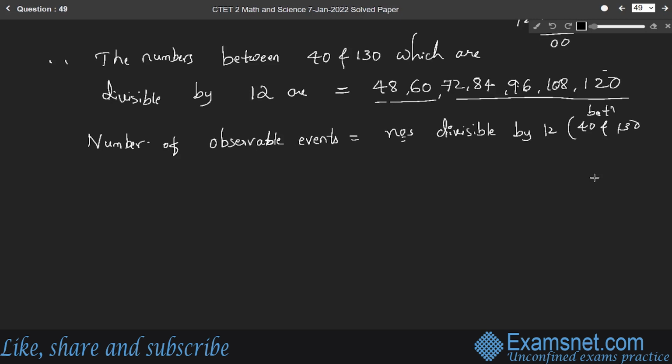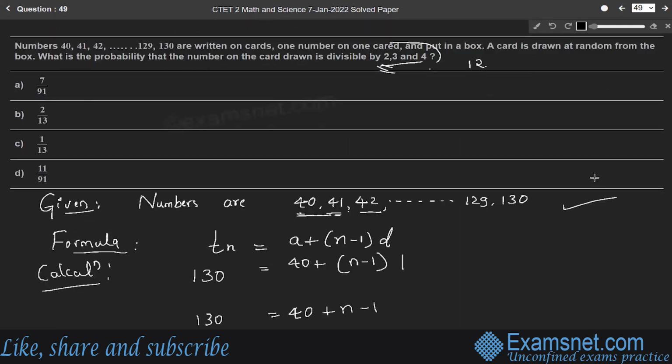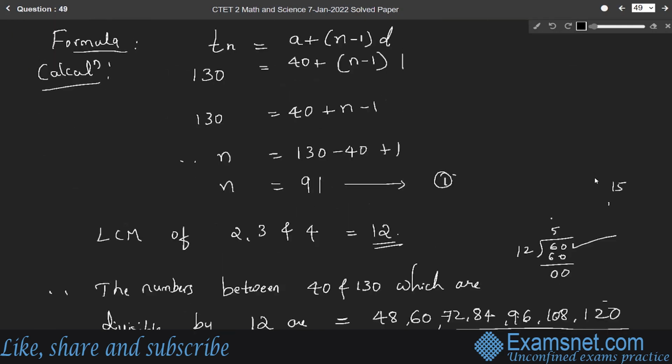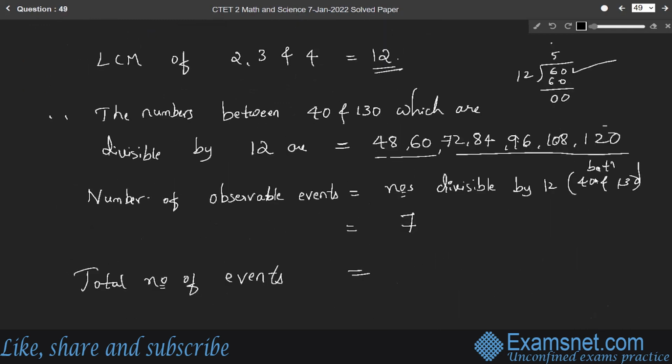So the number of observable events is 7, 7 numbers which are divisible by 12, right? The total number of events, that means the total number of numbers from 40 to 130, is equal to n, which is 91.